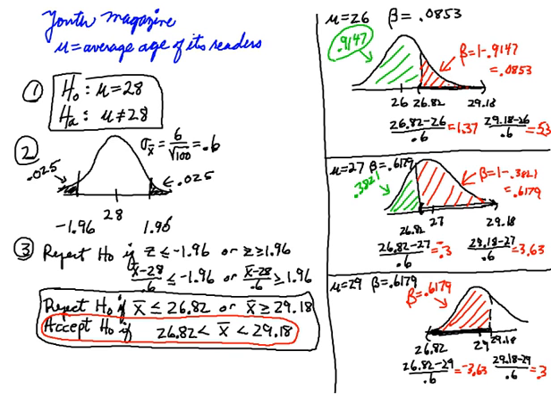If I go on and look at mu equal to 30 and do the same thing, you can try to do the calculations on your own here, but I would find out that the beta would be 0.0853. Again, I'm 2 years off on the upper end.